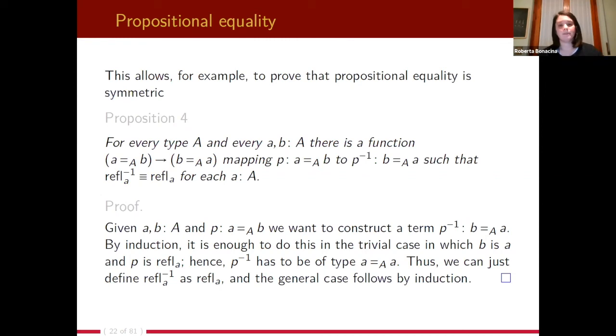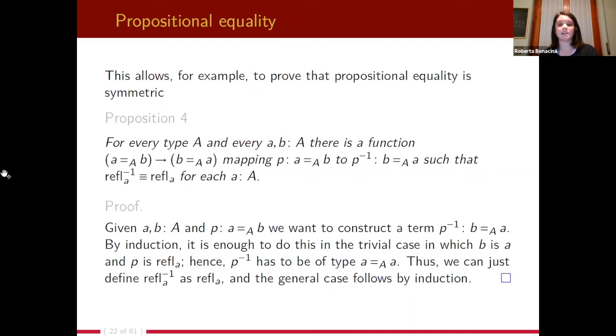We want to prove that for every type A and a and b of type A, there is a function from the equality type a = b to the equality type b = a, which maps a term p of a = b to its inverse p^-1, and such that the inverse of reflexivity is again reflexivity.